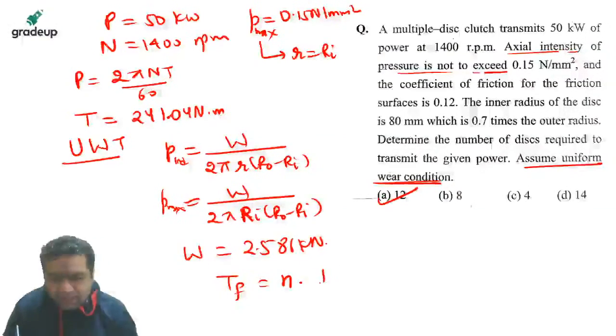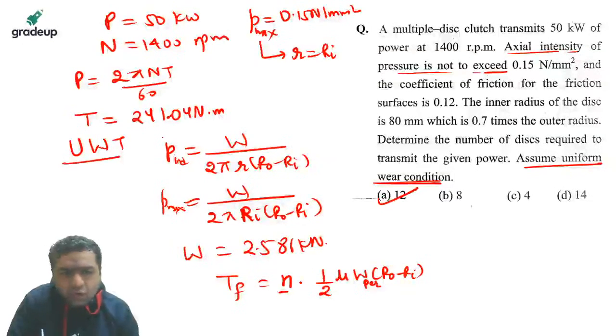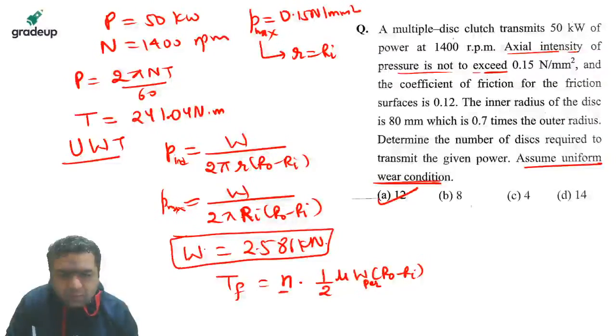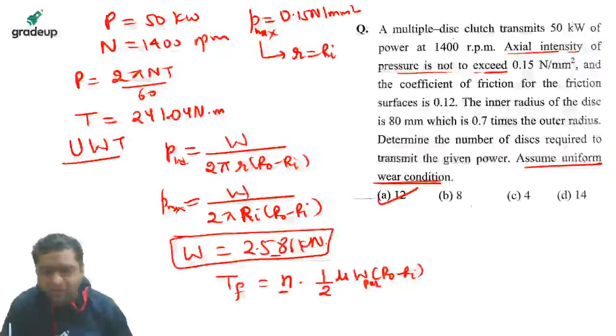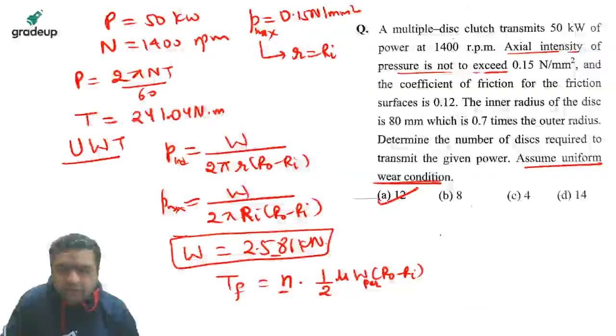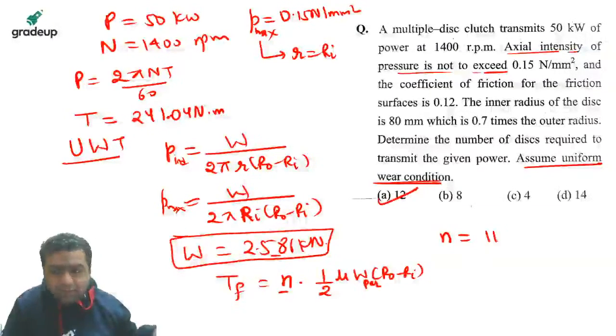Now you know that frictional torque is given as N times, by UWT, half mu W R naught minus Ri. If you are multiplying by N, it is per disc, load per disc. But you know the total load W, 2.586 kilonewton. So when you use this, you will get the number of discs equal to 11.31, which is nearly equal to 12.